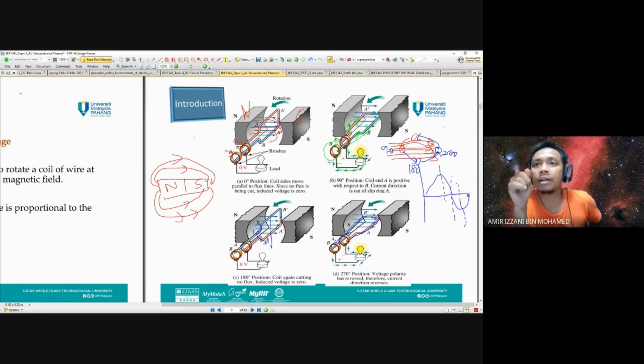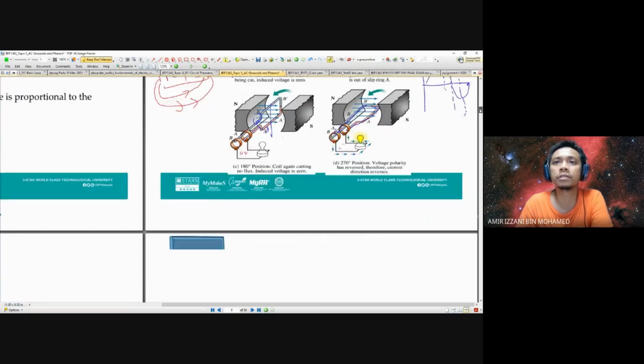It's just using the right hand rule to determine the direction of current flow. Current flows inside. We proceed first. Basically that's how it works.